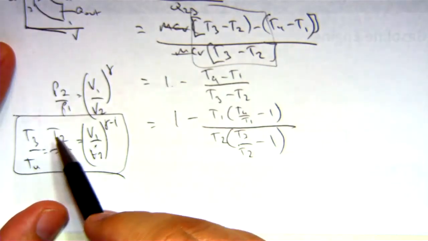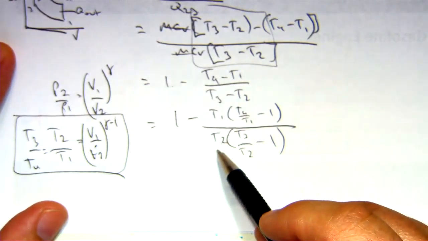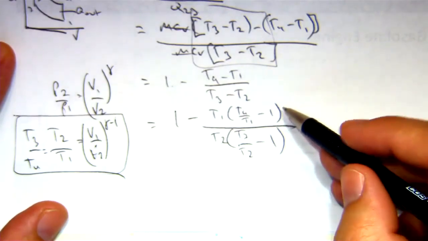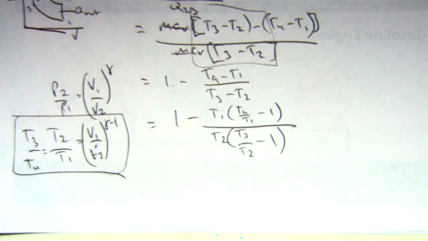This is r_V. I've got an expression for T2 on T1, which is this. I've got an expression for T3 on T4. In here, I've got T4 on T1 and T3 on T2. Now, what do I know about T4 on T1 and T3 on T2?